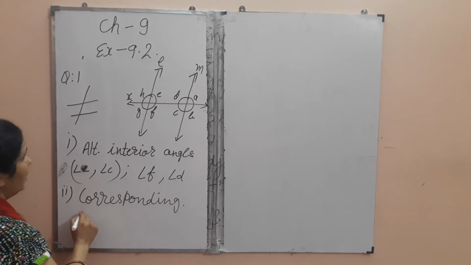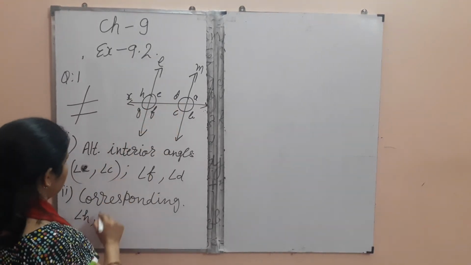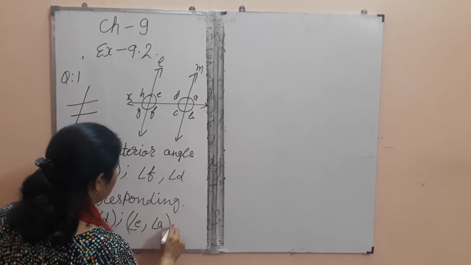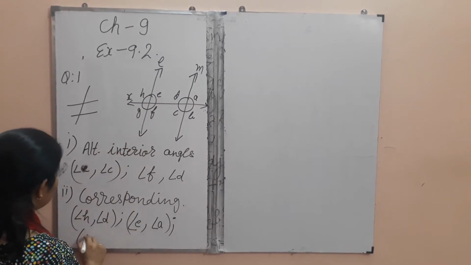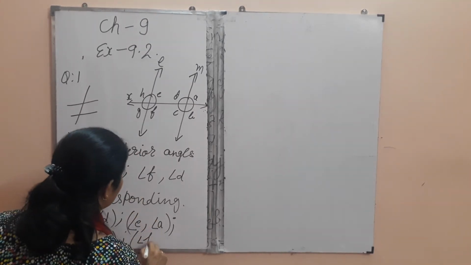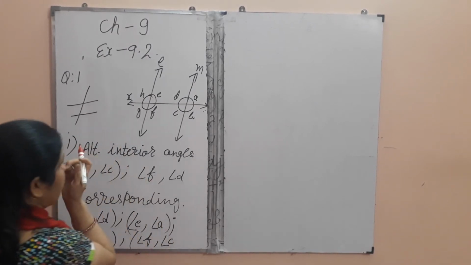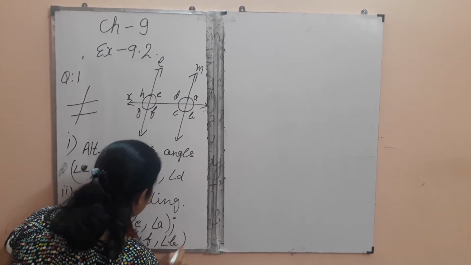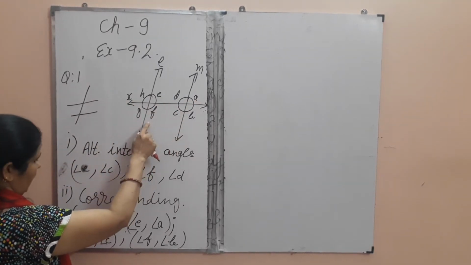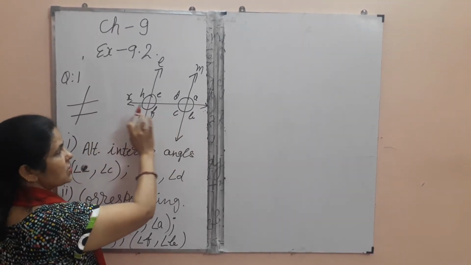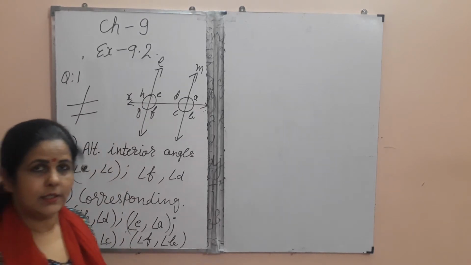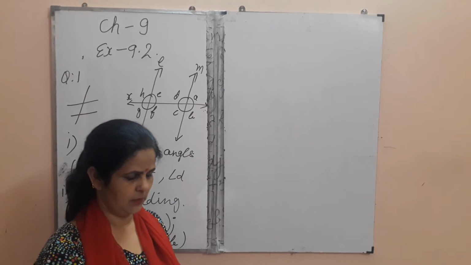So there are 4 pairs: angle H and angle D, one pair; angle E and angle A, another pair; angle G and angle C, third pair; and angle F and angle B, another. 4 pairs are there: H and D, E and A, G and C, F and B. Same side, one exterior, one interior. They should not form a linear pair.